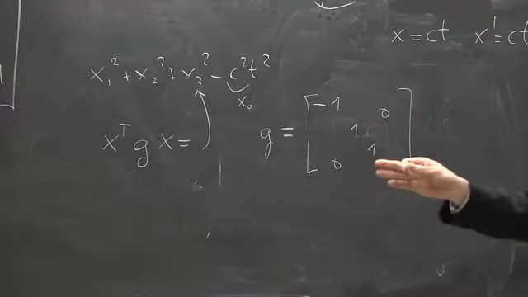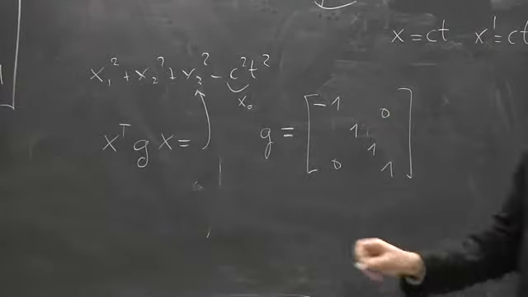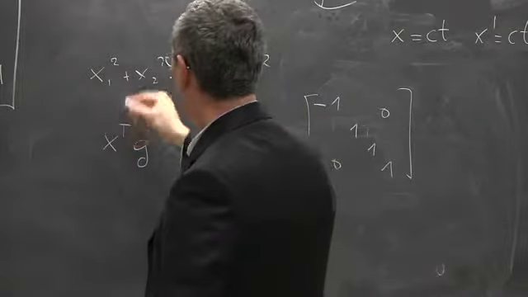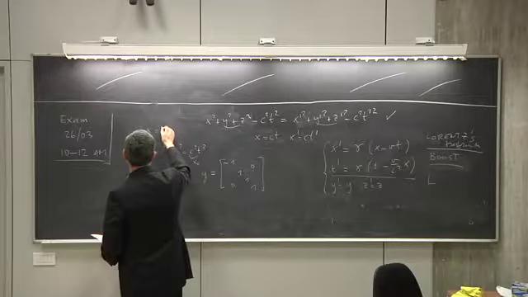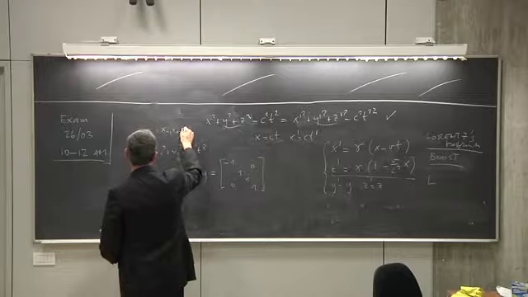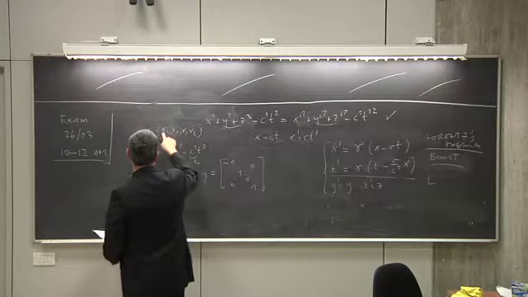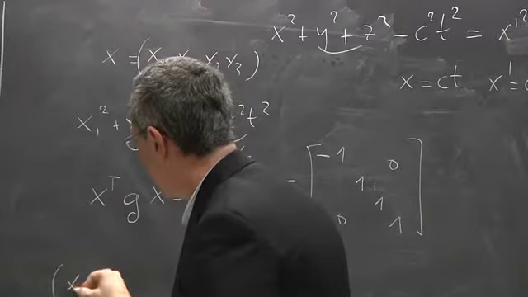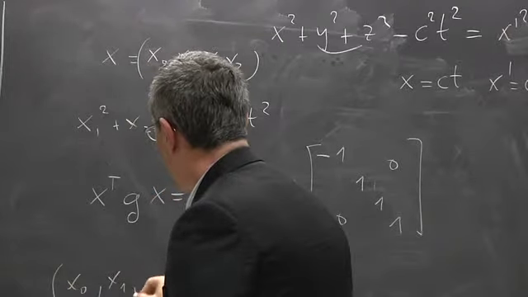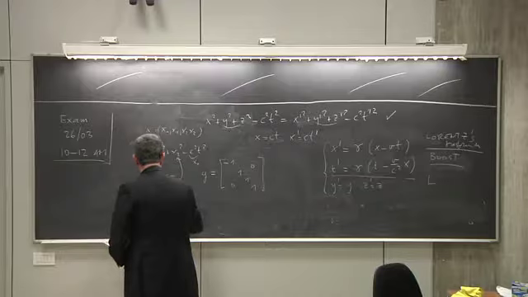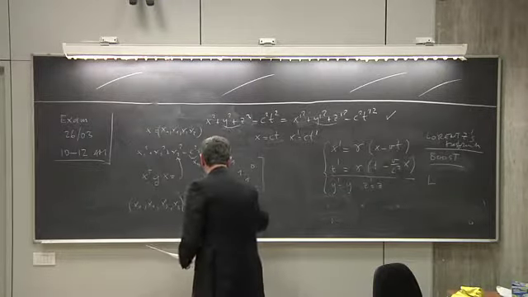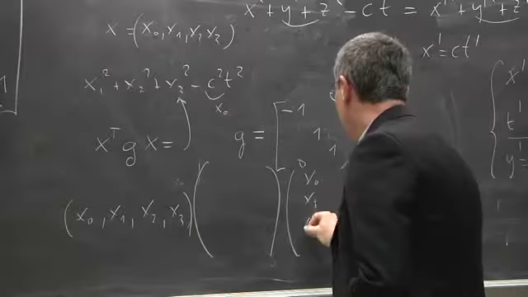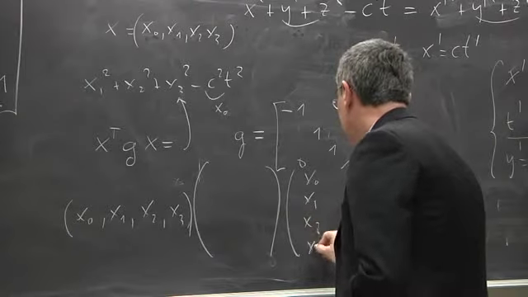Is this clear? So the position is made of x0, x1, x2, and x3, right? This is time, x, y, and z. So I take the transpose, so this is x0, x1, x2, and x3. Then I have a matrix, and then I multiply by x0, x1, x2, and x3, right?